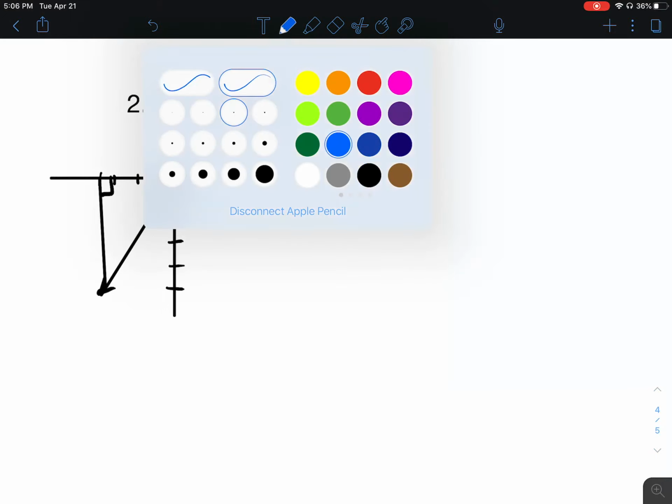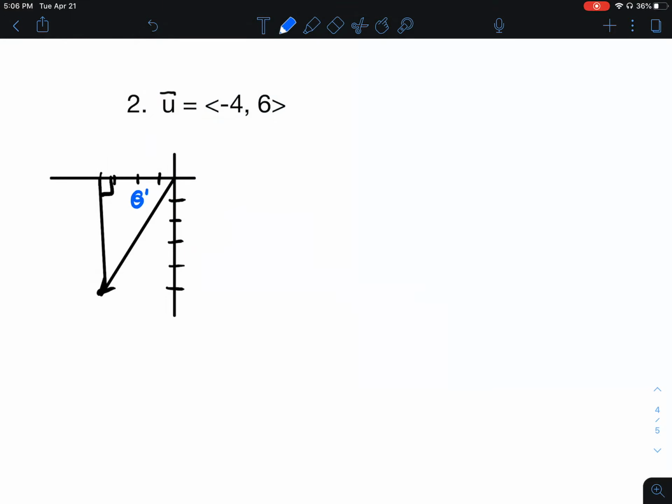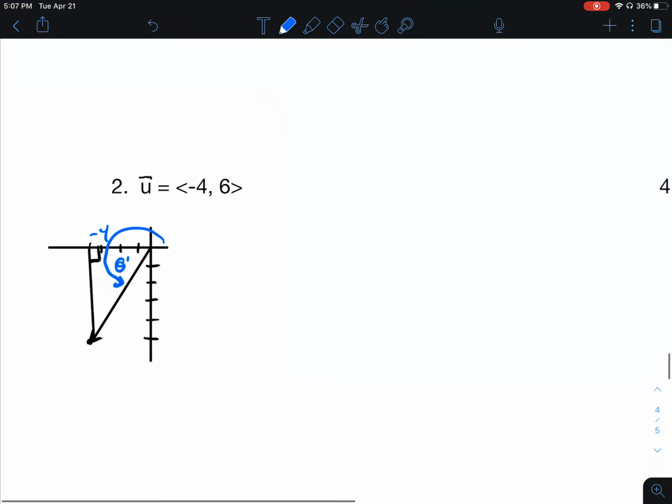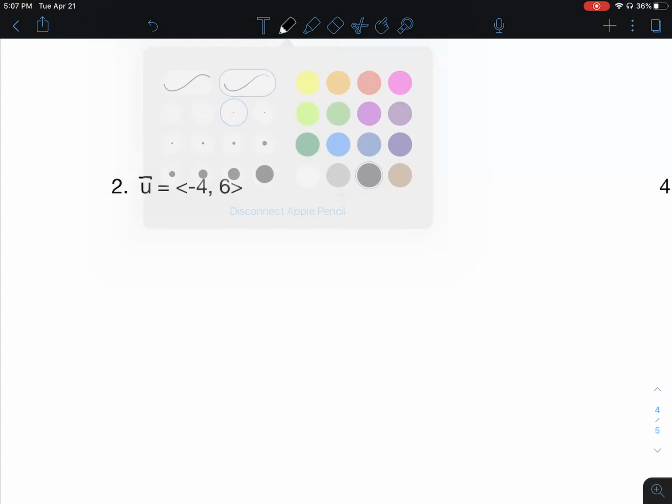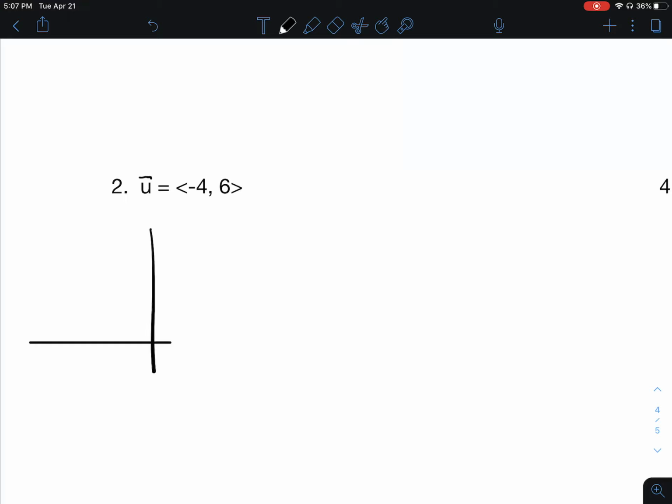Now, it should be noted here that we are going to be finding theta prime first. We got to actually figure out what theta is. We went left 4. I'm sorry, this is going to be in quadrant 2. I messed up, kids. Left 4 and up 6.